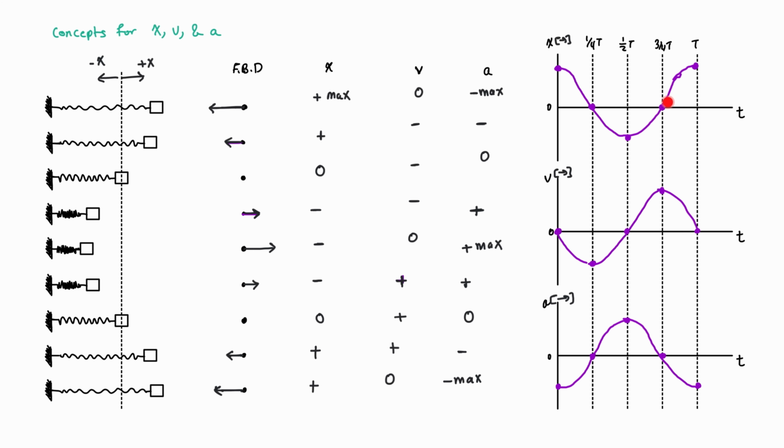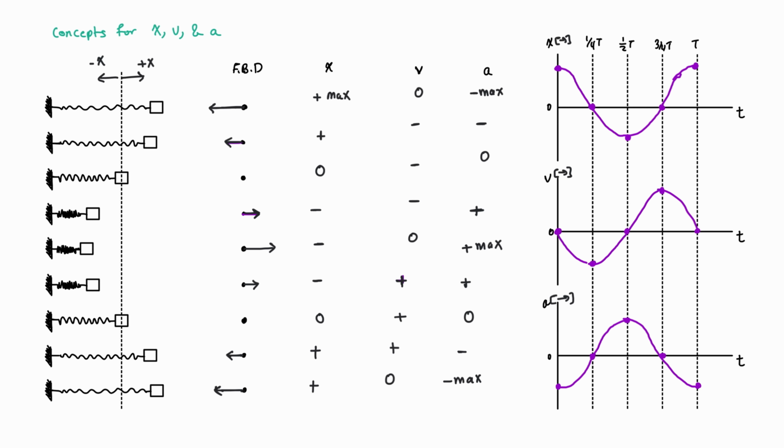Slope here is very positive, velocity is positive, and slope is 0, and velocity is 0. The slope of the velocity-time graph should represent acceleration. We've got a very negative slope right here, representing a negative acceleration. We've got 0 slope, positive slope, 0 slope, and a negative slope on the velocity-time graph, which means we've got negative acceleration.